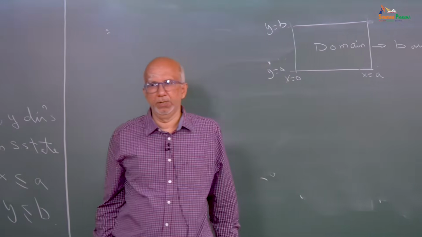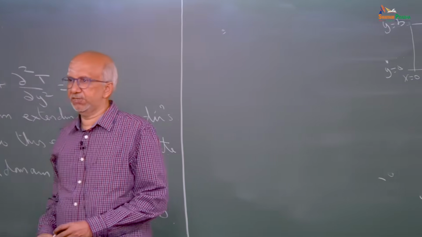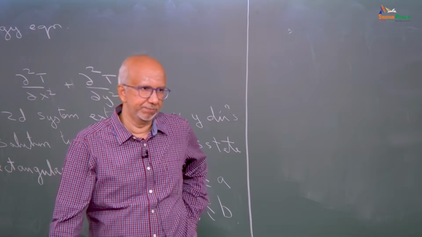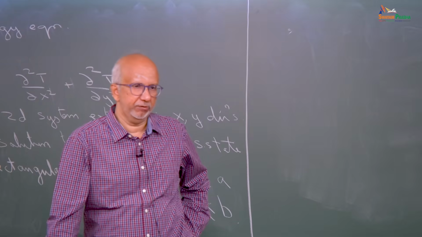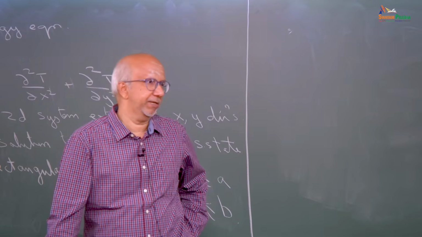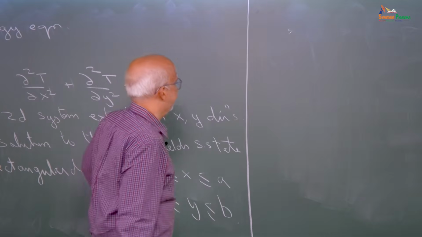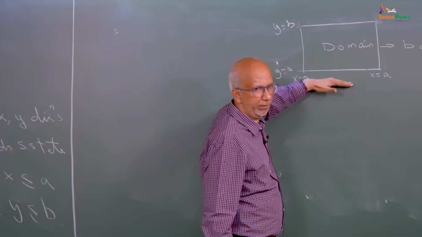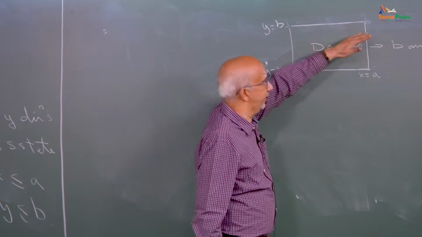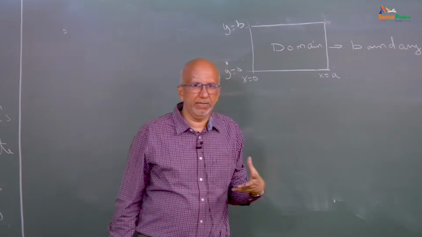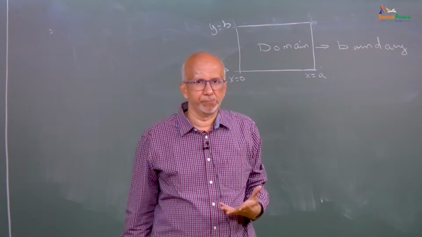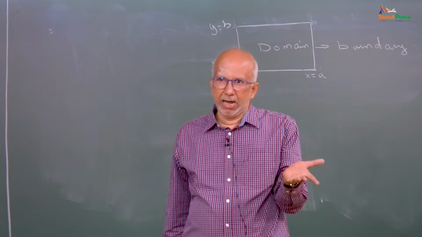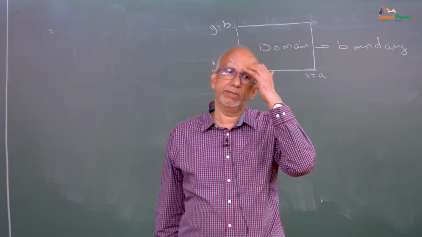In order to solve this equation, I need to specify boundary conditions in x and y. Since we are talking about temperature and the energy equation, it could be some temperature, or I am heating it at a particular rate, or maintaining temperature here, or insulating. So, physically there is a particular system, and what is happening physically, I need to translate to equations.